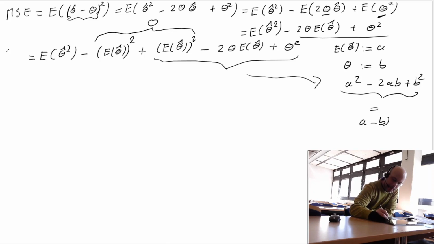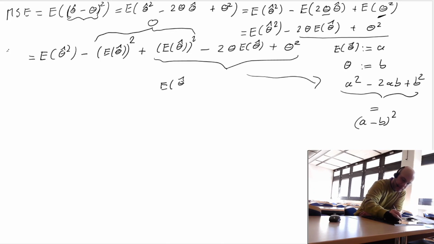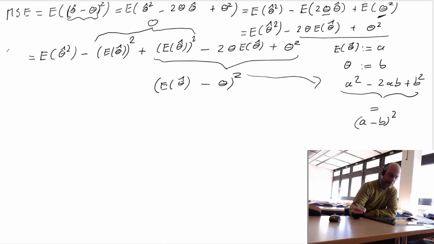A minus b squared. And so we write here E of theta hat minus theta, squared, is this.